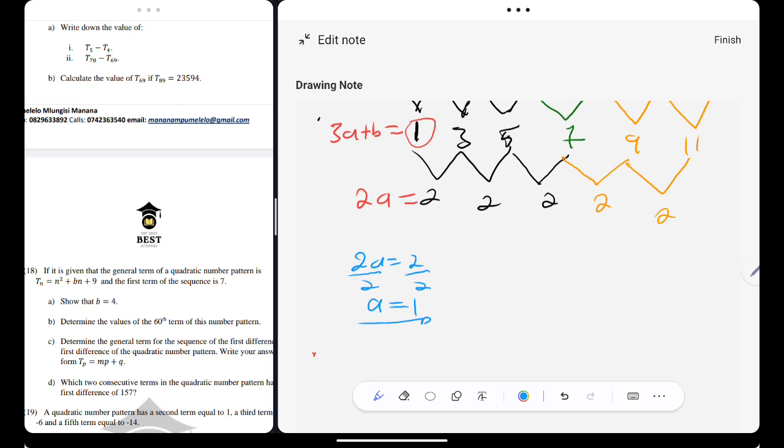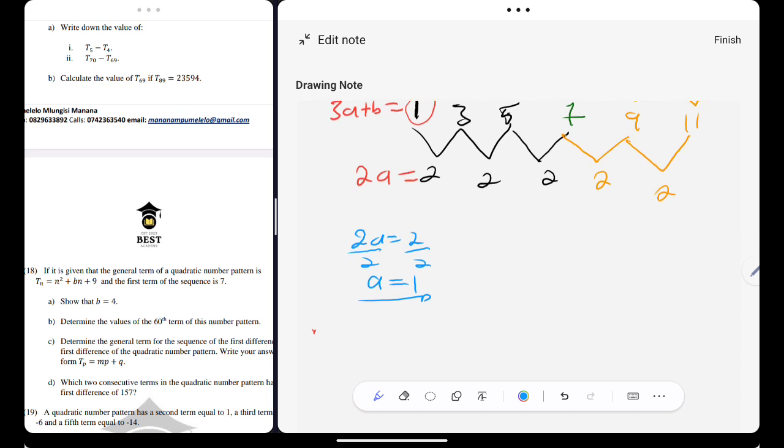Now I need to find b, because the only things I need to find the general term are a, b, and c. So 3a plus b is equal to 1. 3 multiplied by 1 plus b is 1. Therefore b will be equal to 1 minus 3, which is negative 2.